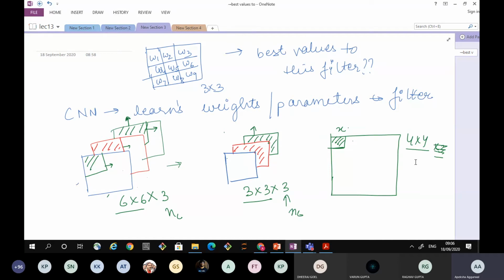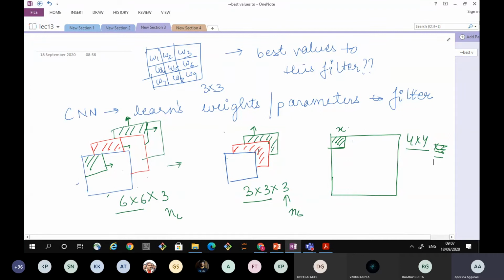I hope you are getting it, because it's in 3D, it's a little bit difficult to imagine. I'll repeat that part again, whatever I have told. So I have said that first this filter is multiplied with the first position over this blue channel, then red channel filter is applied to red channel in the image, and green is applied to the green one, and then we multiply these 9 values with the 9 values and we take the sum.